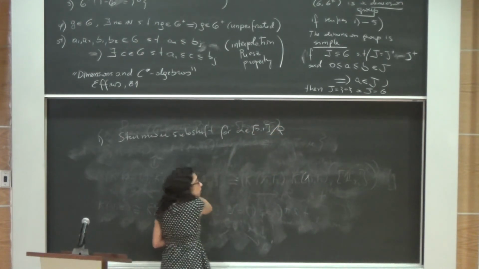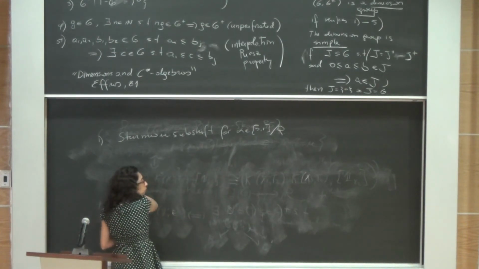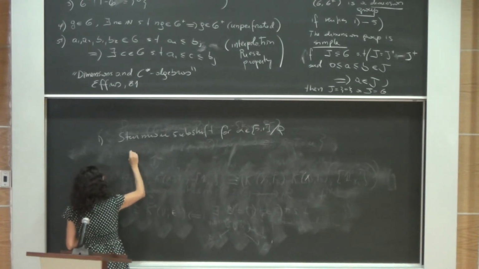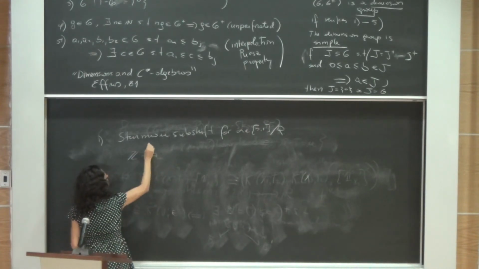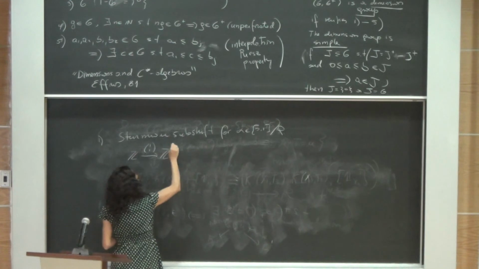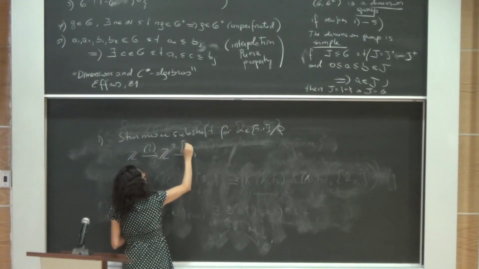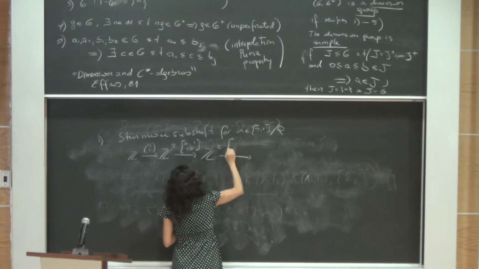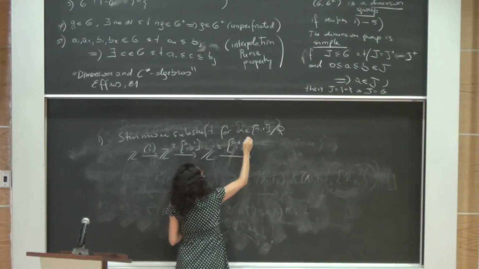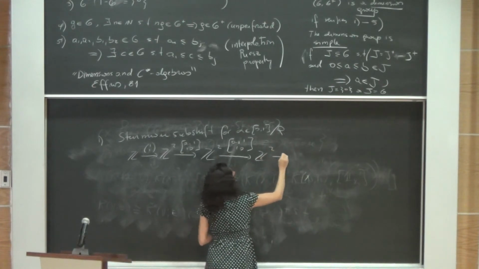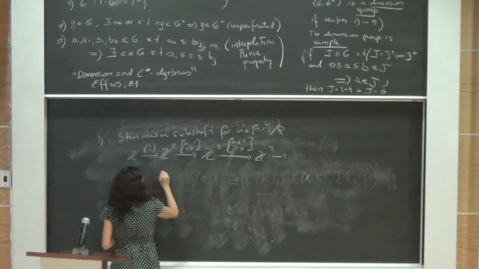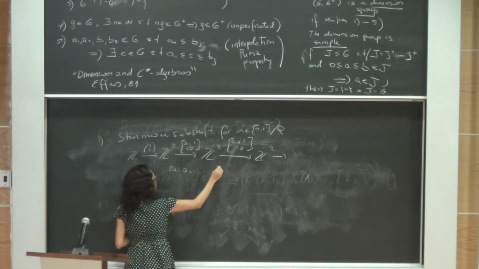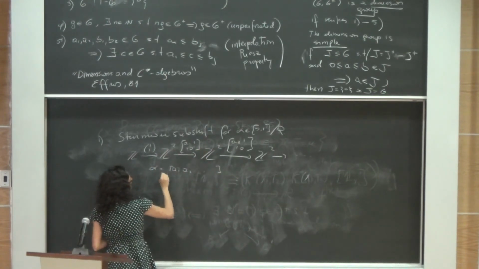For this subshift, there is a Bratteli representation which is given by this, where a1, a2, ... is the continued fraction representation of alpha.